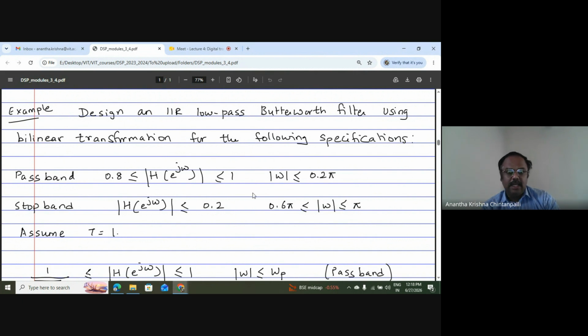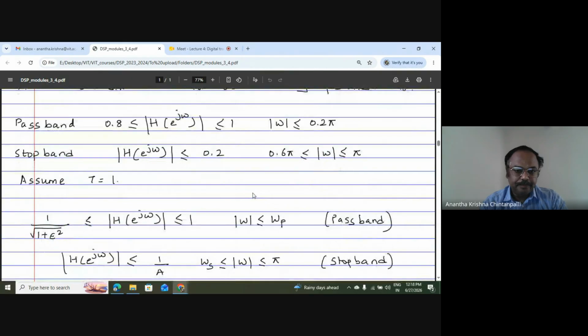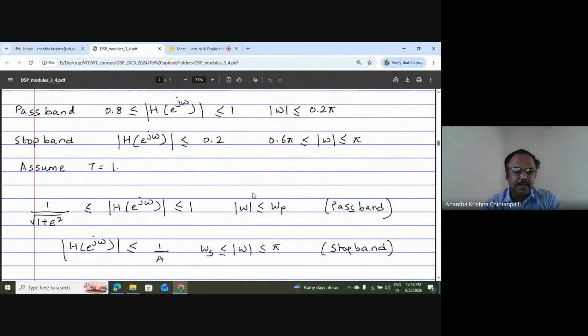Once I get the continuous omega p and omega s, I can compute the filter order N, because I know it's in a linear scale, and then I can get my omega c and my H(s). Once I get my H(s), I can apply the bilinear transformation approach to get H(z). So that's the process.